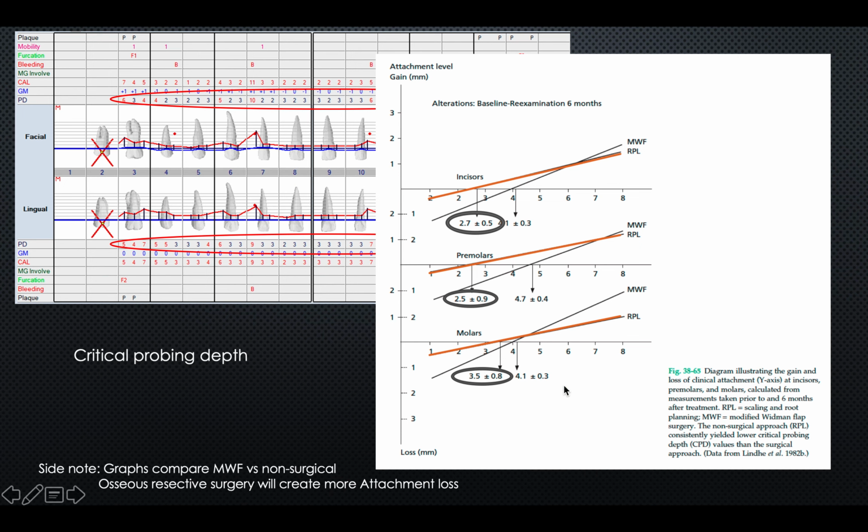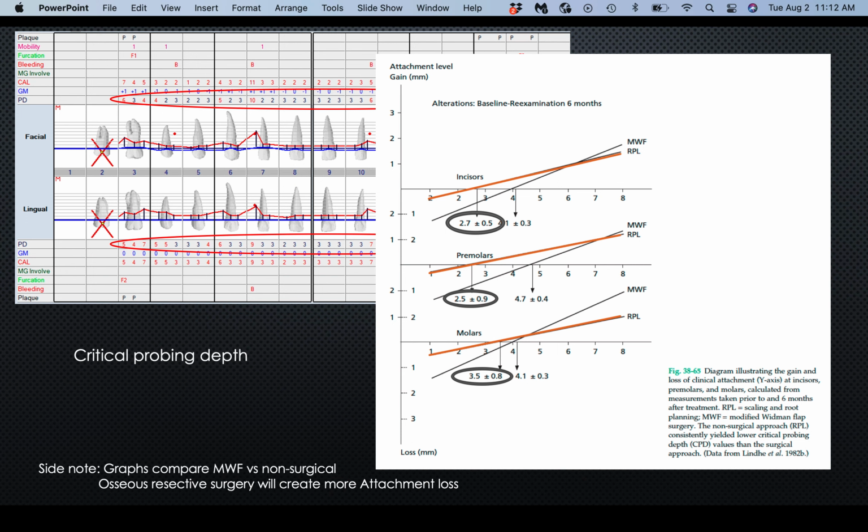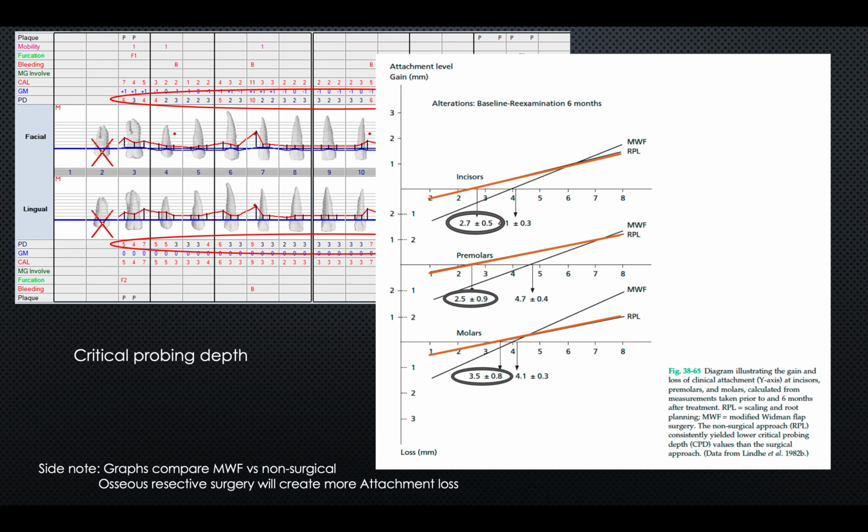So what does it say? If you look at all of these numbers, you should be very careful about the incisors and premolars. If you have a healthy sulcus or probing depth of less than about 3 millimeter, usually you shouldn't be root planing that one, because based on Lindhe's study, you're going to lose attachment.